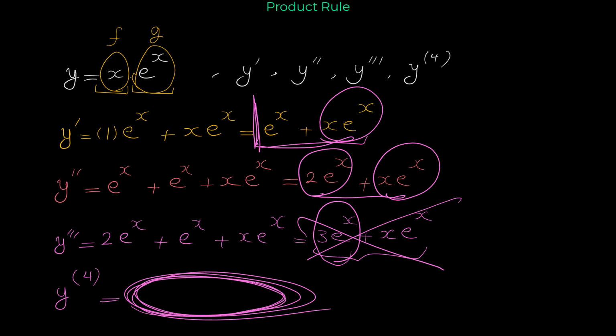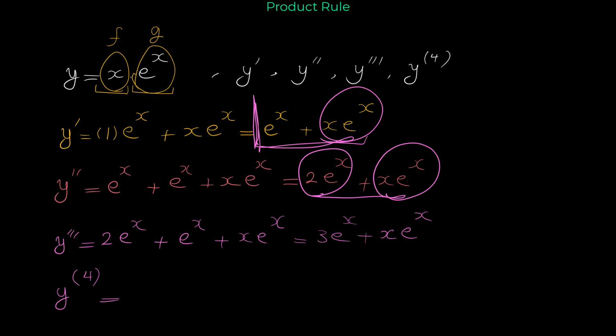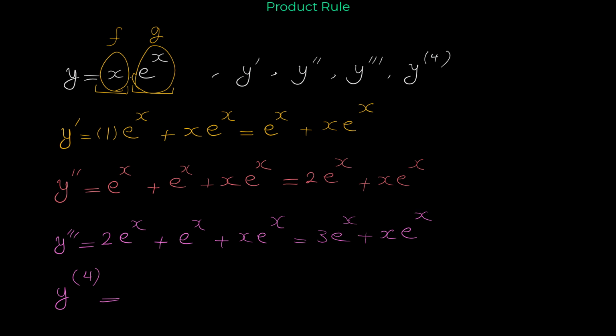So basically we expect the fourth derivative to be 4e to the x plus xe to the x. And actually, if you take the derivative of this, you can see that the answer finally is this. So the fourth derivative of this given function is 4e to the x plus xe to the x.